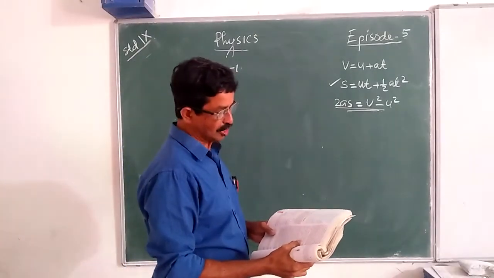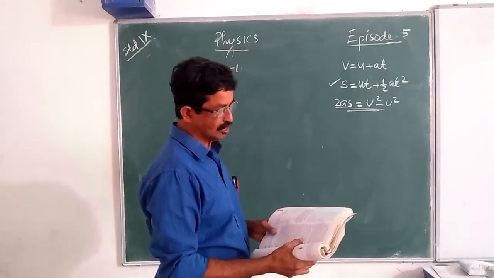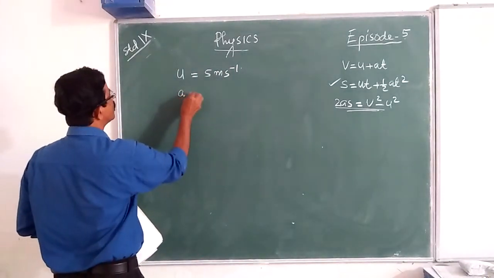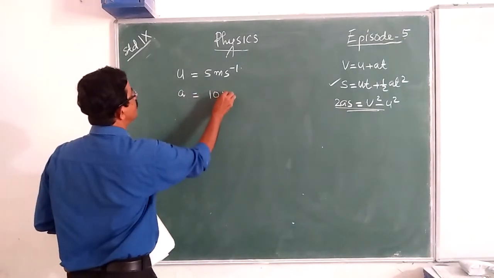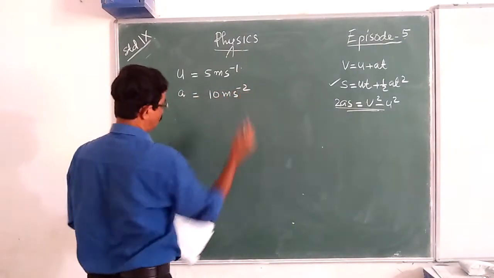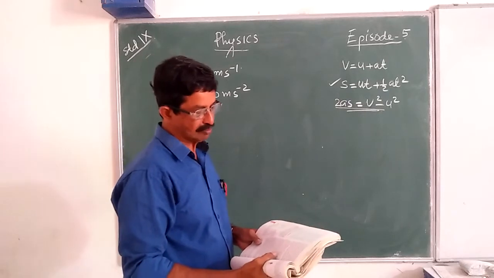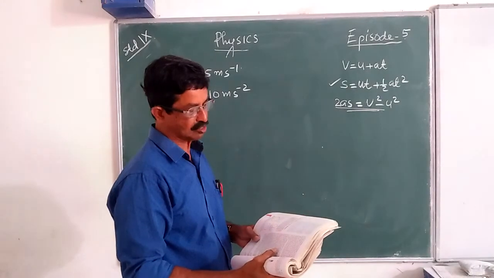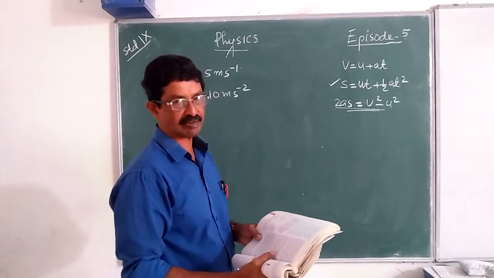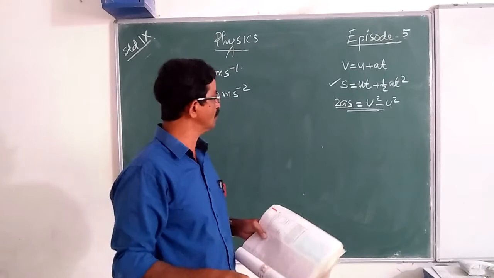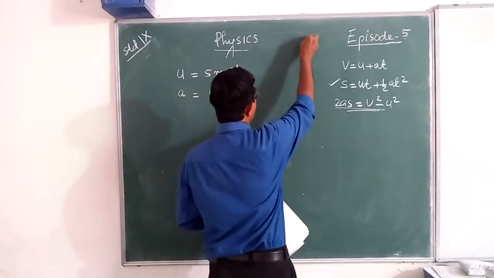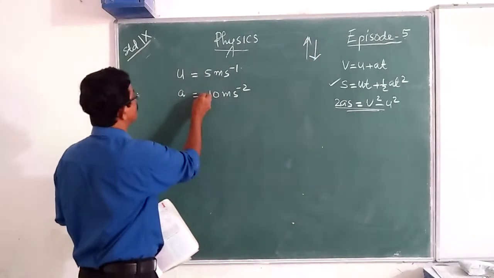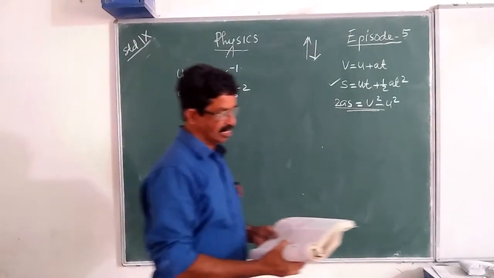If the acceleration of the stone during its motion is 10 meters per second square in the downward direction, that means the stone is going up, acceleration is down. So that acceleration is minus.